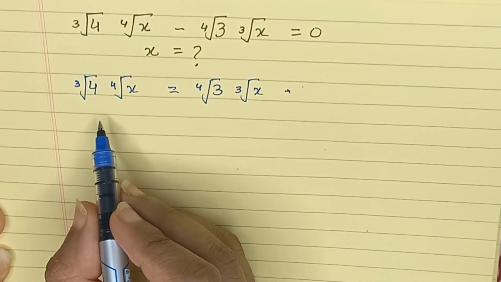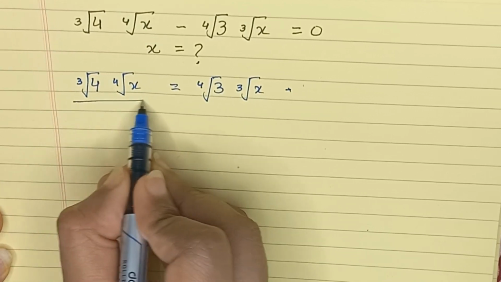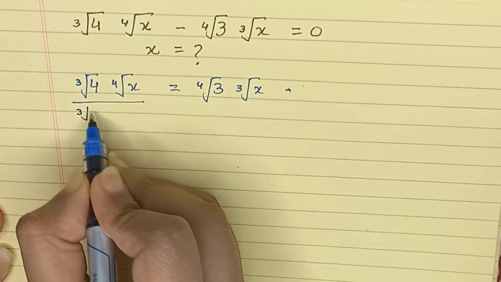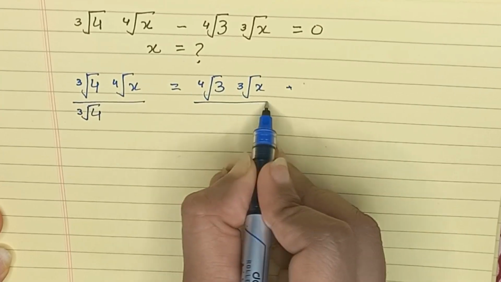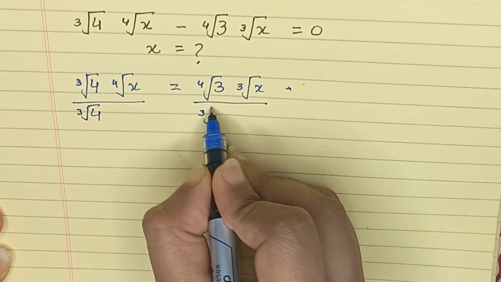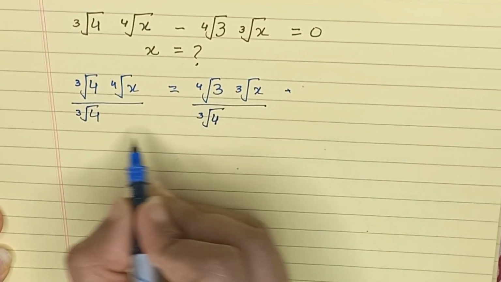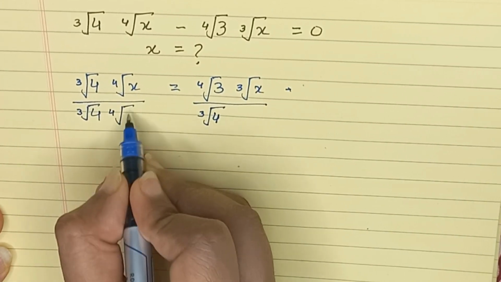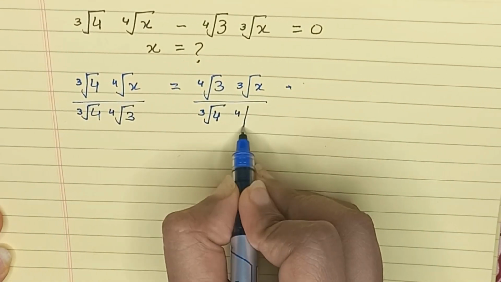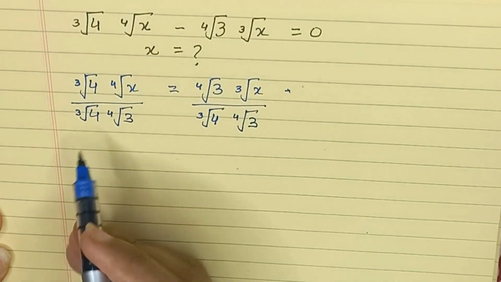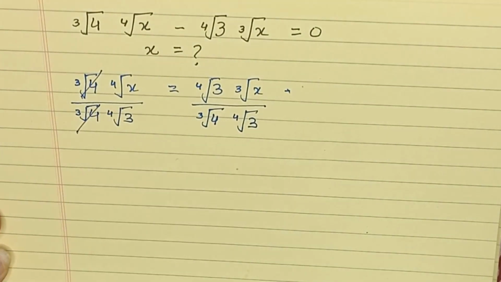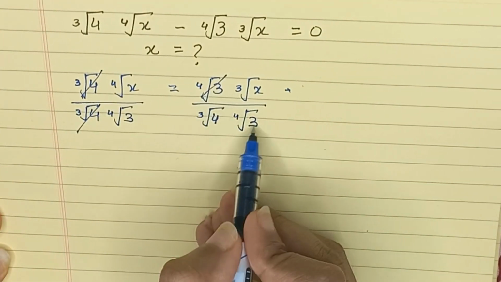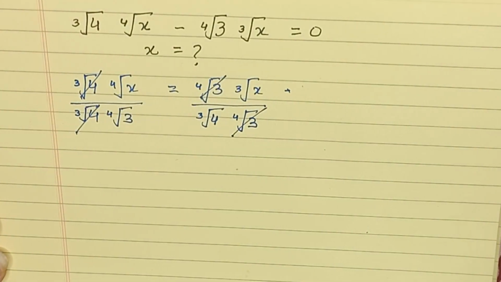Now we will divide both sides by cube root of 4 and fourth root of 3. So from here this and this will be cancelled out. Similarly, fourth root of 3 and fourth root of 3 is cancelled out.